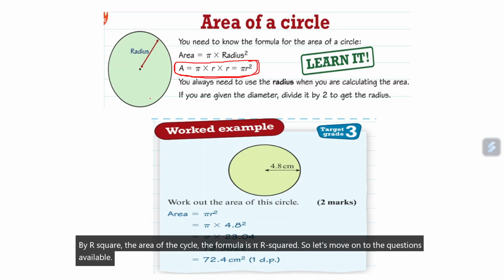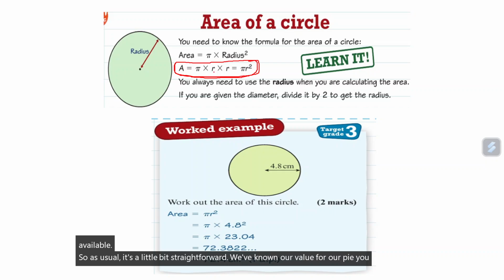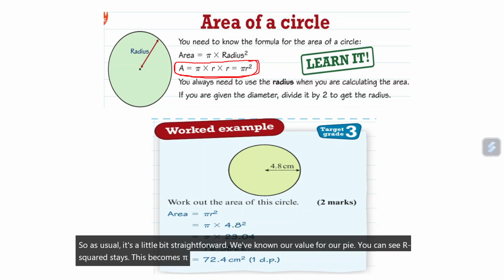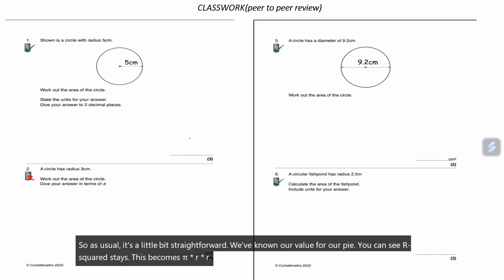As usual, it's a little bit straightforward. We know our value for pi. You can see r squared is this. This becomes pi times r times r. So this is our classwork.